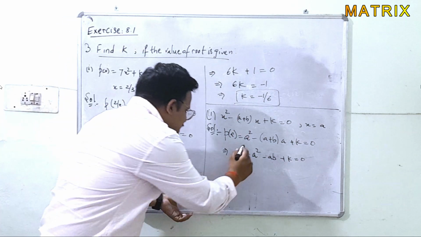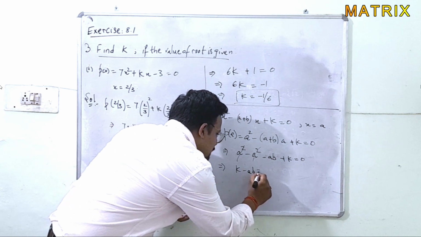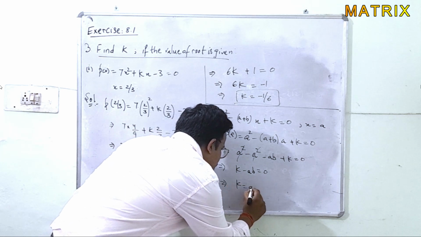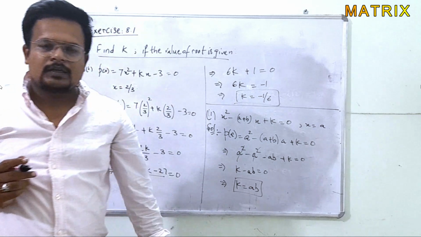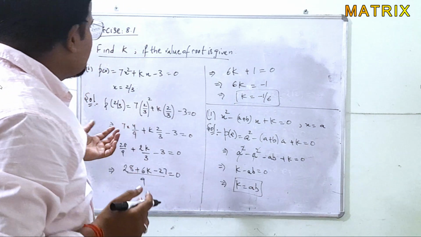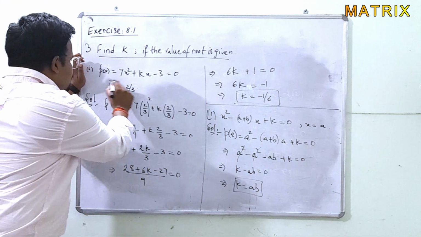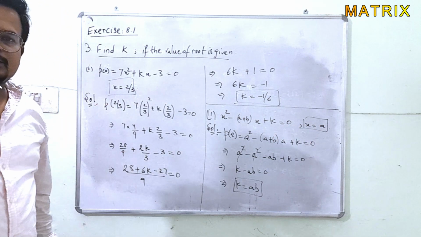So this a square will be cancelled. How much will come? k minus ab is equal to 0. Again you can write k is equal to ab, positive. So this is the value of the k, right? So this is how we can find out the value of the unknown coefficient k when we are given the roots, when we are given the solution of the quadratic equation.